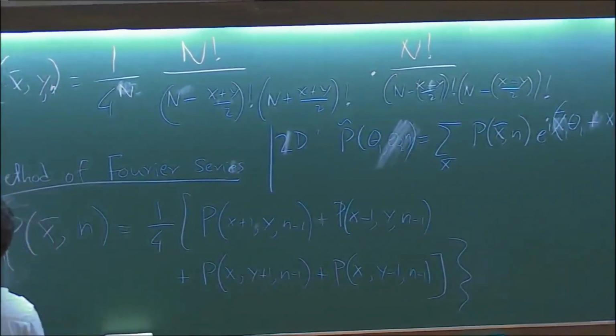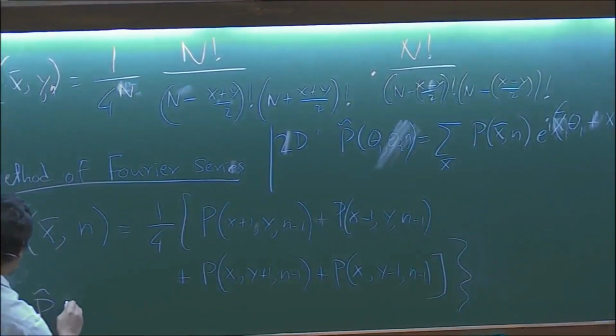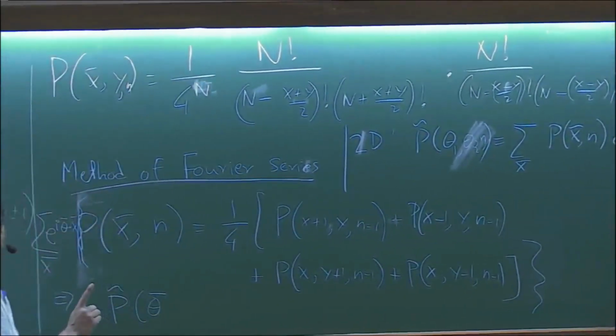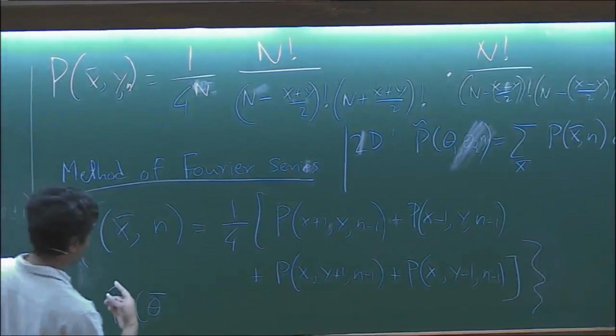This gives what we call P tilde. Theta is now a vector with two components, theta 1 and theta 2, and each of them is an angle variable.